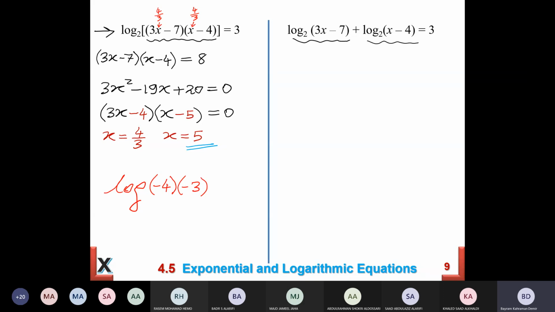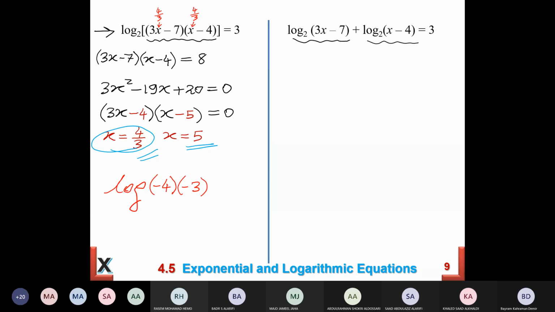It is the logarithm of the multiplication, basically the logarithm of 12. So you cannot look at just one of them; you need to look at the multiplication. Clear? So x equals 4/3 is also okay.